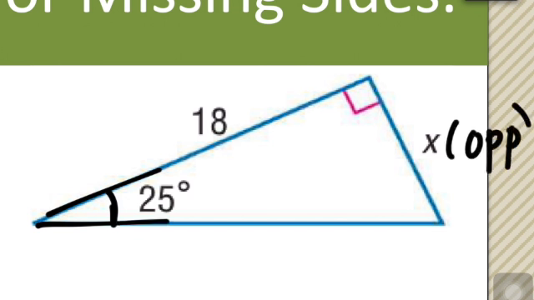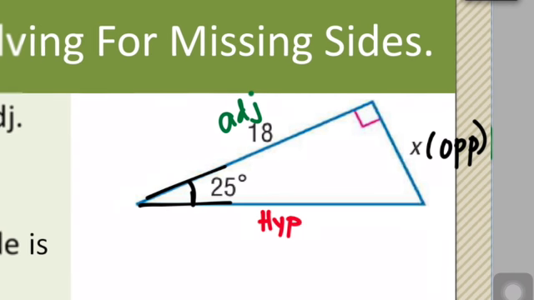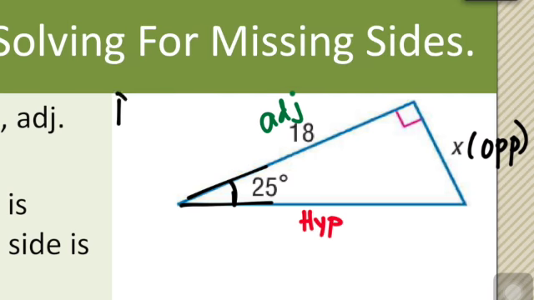It's not touching that angle. Then we have our hypotenuse, which is the longest side, or the side opposite the 90. And then we have the adjacent side right here. Okay, so first step is done.